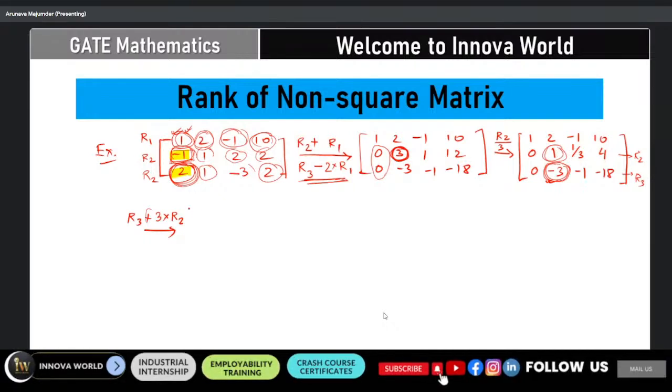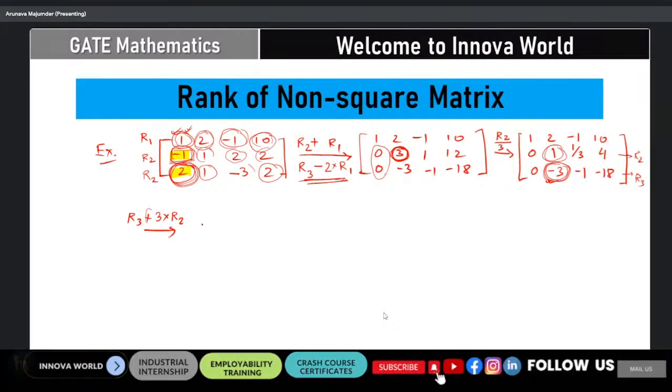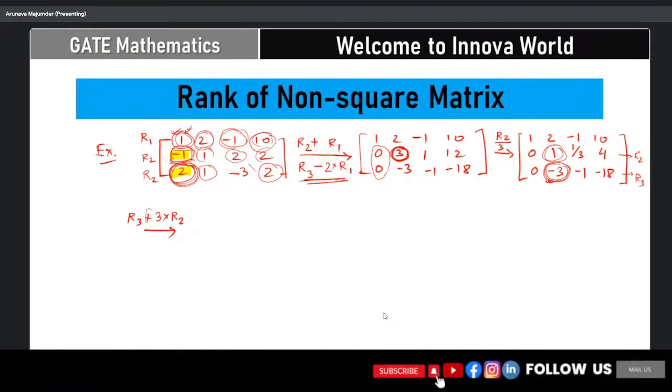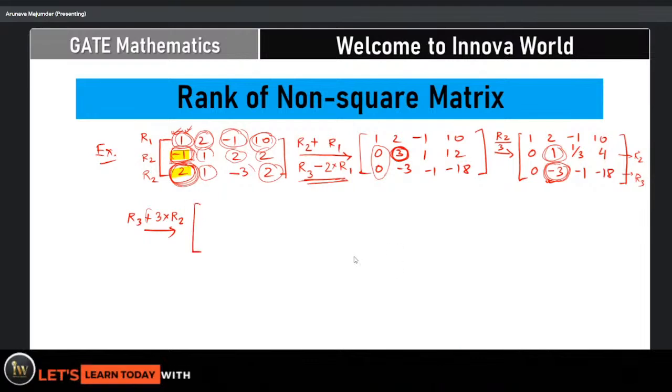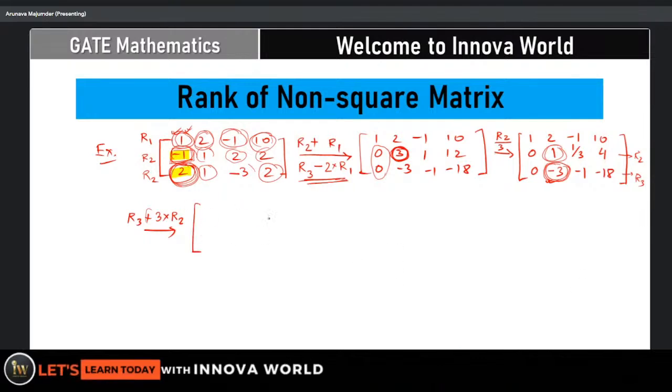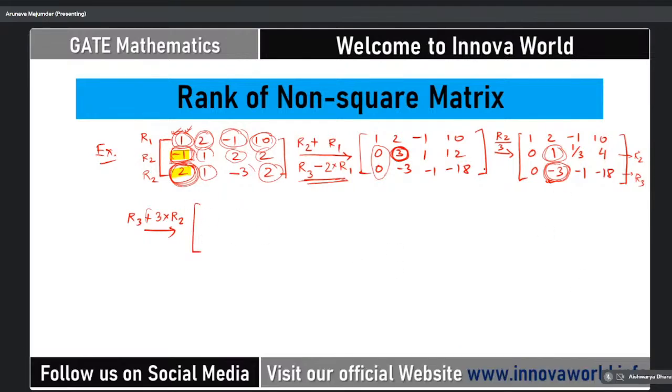So after doing this operation, R3 plus 3 into this, what will happen here? Now you can see the first row, we are not changing the first row, so first row will be intact, 1 2 minus 1 10. Second row, 0 1 1 by 3 4 will also be intact.